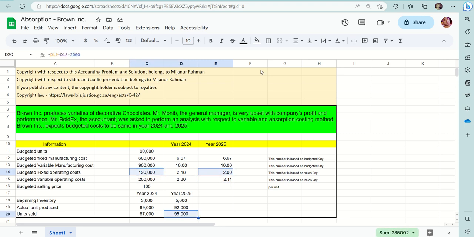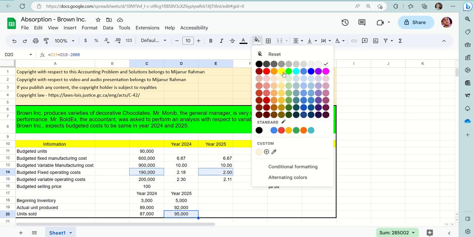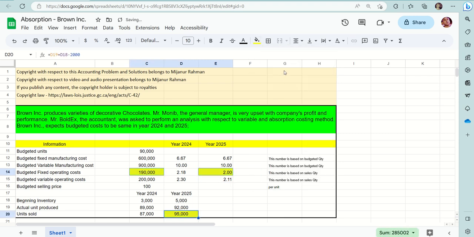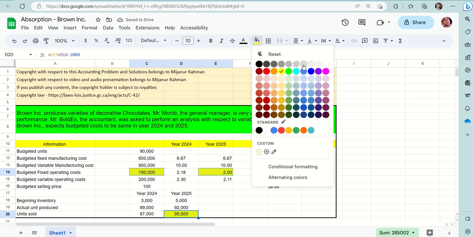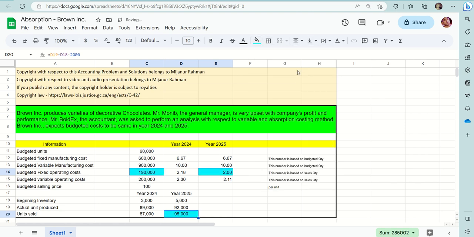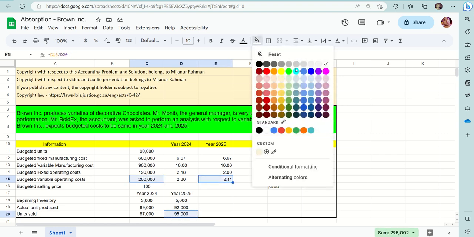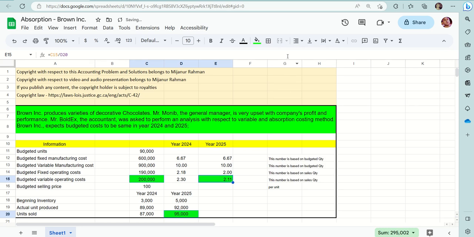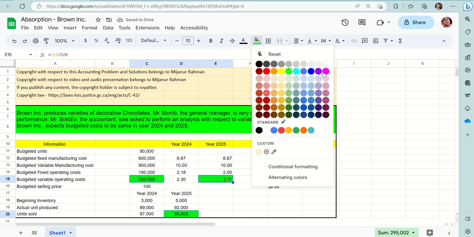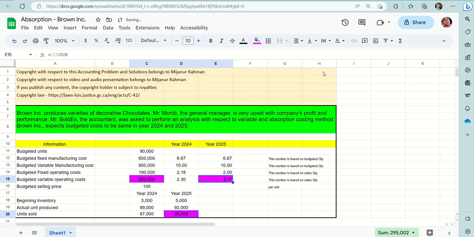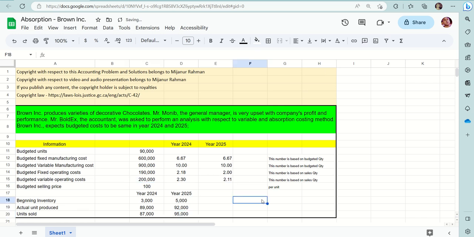You can see that in yellow. Perhaps I can change that to Keon. And the next one, you divide 200,000 by 95,000, that would give us 2.11, highlighted in green. I'll change that to magenta in a second.